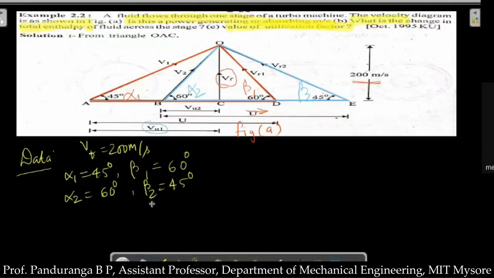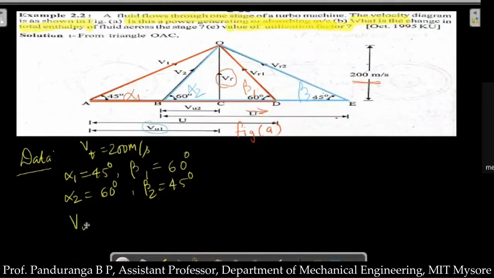Now we need to find out Vu1 and Vu2. Once we know those two values, then we will be able to find out energy transfer. And from the energy transfer, we can say whether it's a power generating or power absorbing turbo machine. Now let us start with Vu1.